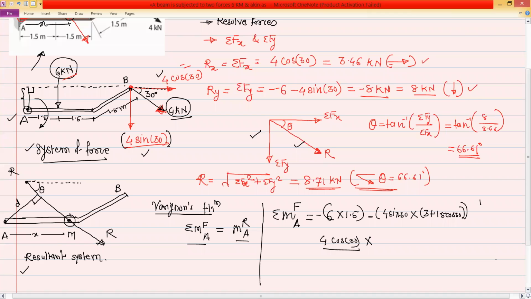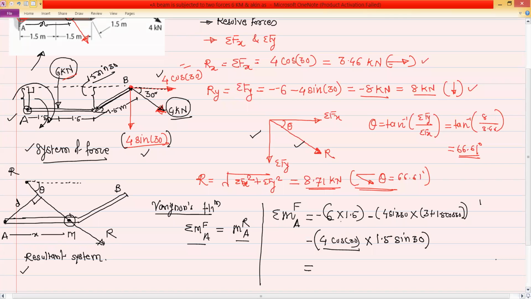We can find this distance by using this 1.5. This angle is 30 degree, so this distance will be 1.5 sine 30, because this is the opposite side. So the perpendicular distance for 4 cos 30 is 1.5 sine 30, and this moment is again clockwise because it will try to rotate the system in this direction. So it is minus.